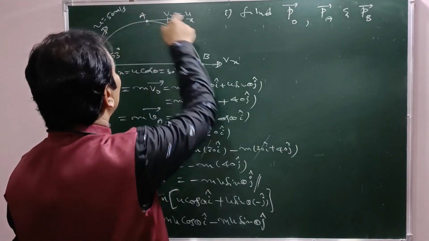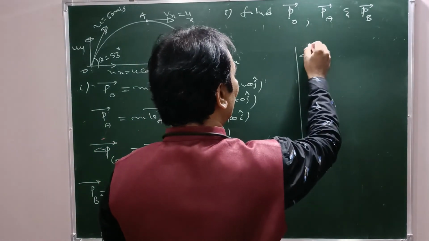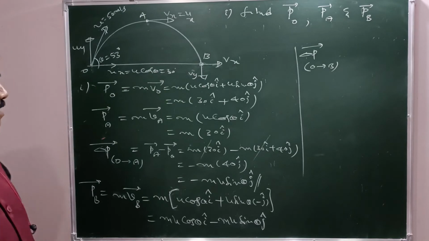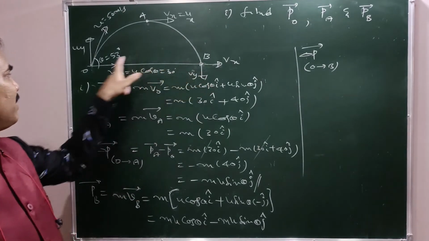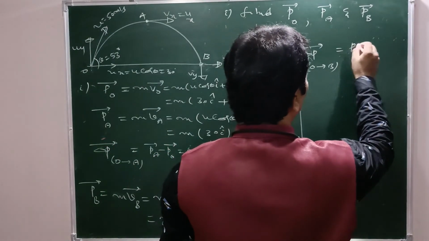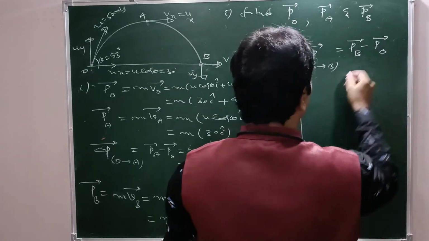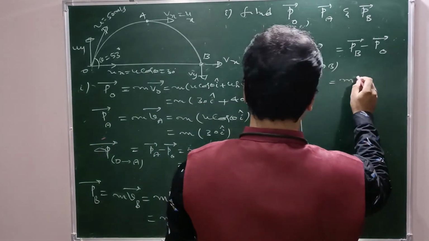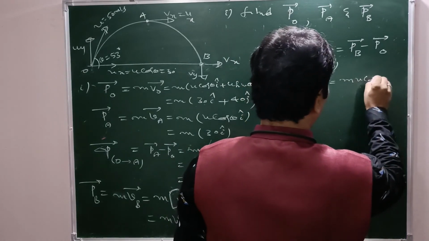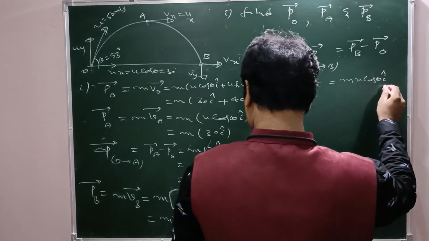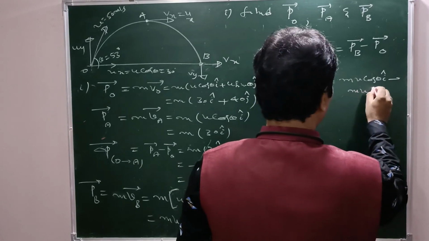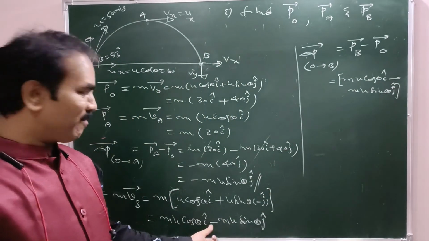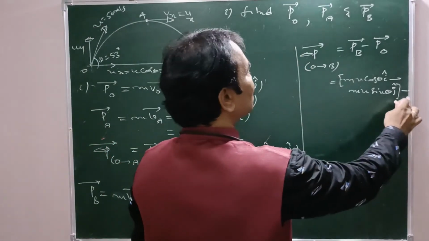Entire flight means from O to B. So delta P bar from O to B, the final momentum vector minus the initial momentum vector, that is P_B bar minus P_O bar. P_B is M U cos theta I minus M U sin theta J, minus P_O bar.